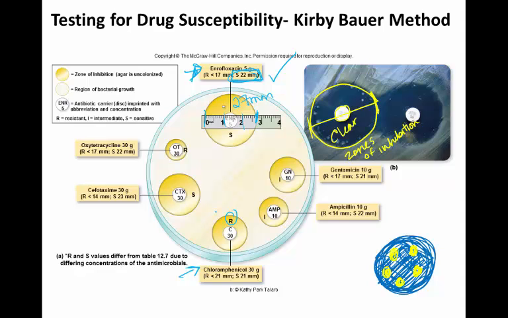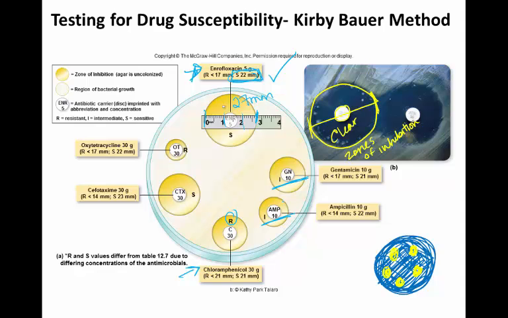This is what those lab reports that you would get back would look like. Telling you that the organisms were susceptible to certain drugs, intermediately susceptible, so it was between the resistance and the susceptibility numbers for other drugs, and susceptible to ones that would work. So you would choose one of the drugs that the organism was susceptible to in the Kirby-Bauer test.